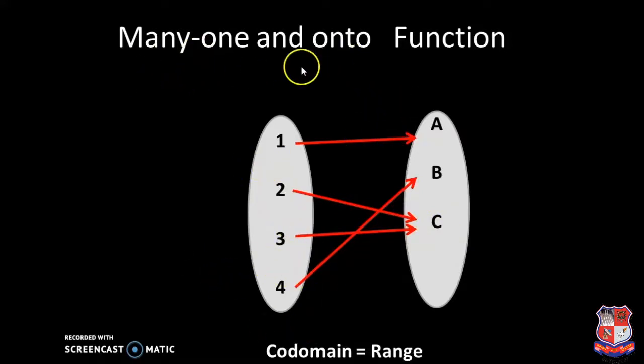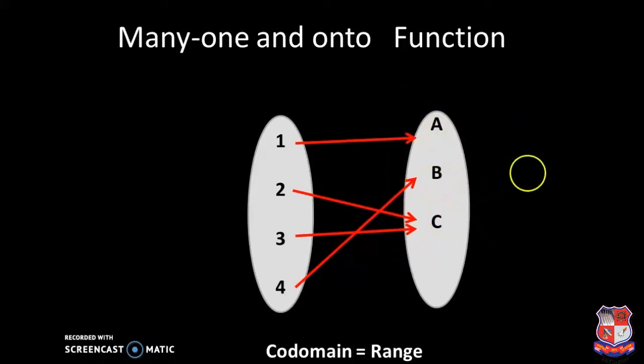Okay, now I want to check onto. For checking onto, I remember the condition: codomain equal to range. Now, what is the range? Here range is A, B and C. And what is the codomain?